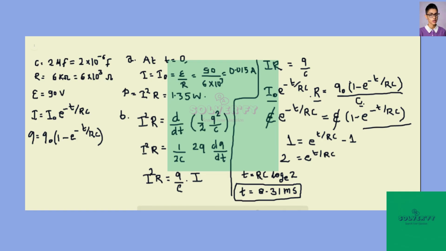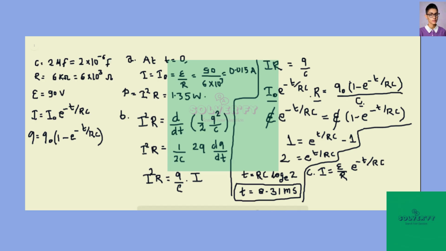Okay, so for part C, the question is asking us to calculate the energy dissipated in the resistor at that particular time, which we calculated in part B, right? So in part C, first let us find the current. I is equal to E upon R e to the power minus t by RC.